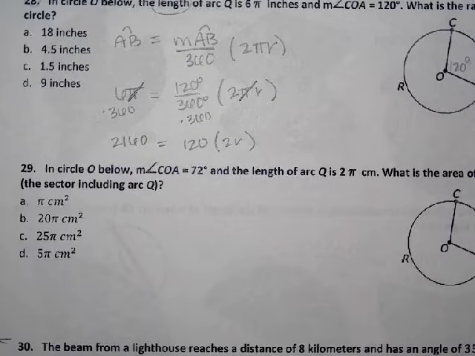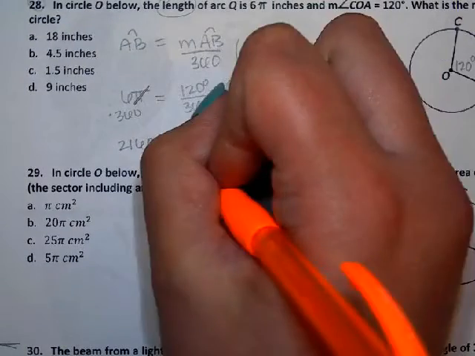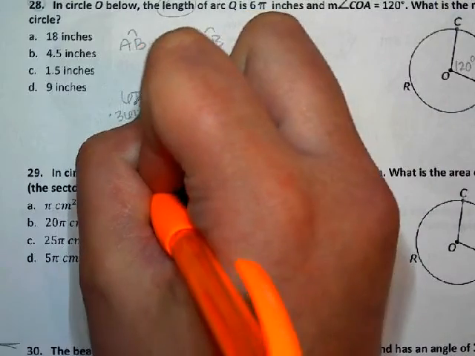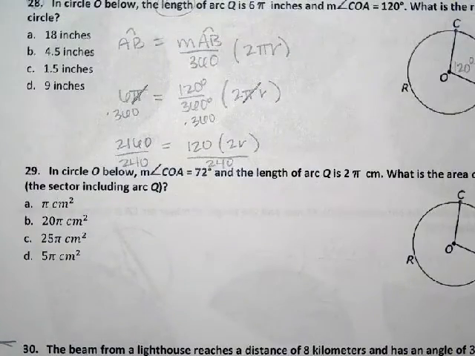Could we do it together? How would we do it together? Yeah. So what should we divide by? 240. Yeah, the 120 and the 2 make 240. So we could just go through and divide by 240. But you can also divide them separately and you're still going to get the right answer. Either way, you're going to get the right answer. So 2160 divided by 240 gives you that the radius is what? 9. The radius is 9.